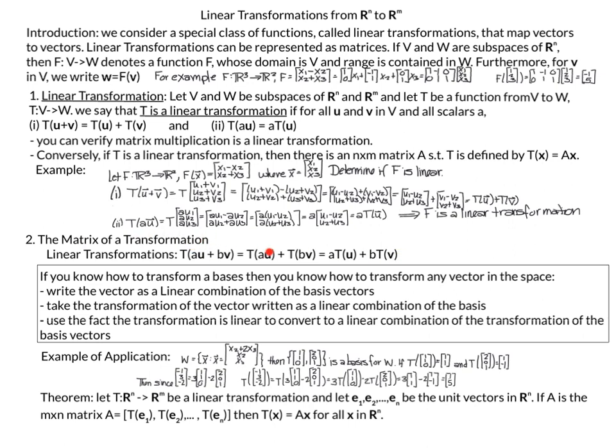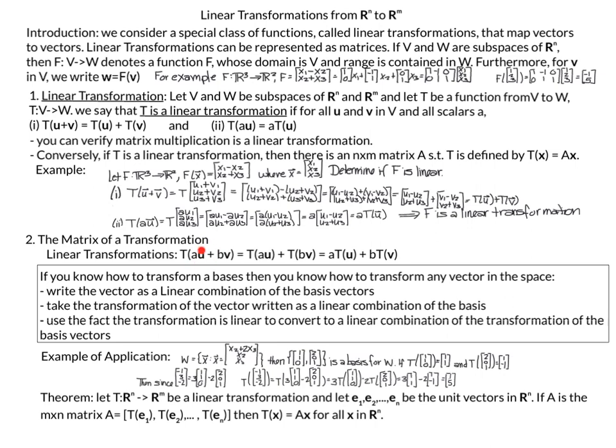So we use this equation, which combines our two properties of linear transformations, but now we have a scalar multiple a times our vector u plus another scalar multiple b times a different vector v, and then we break it up.